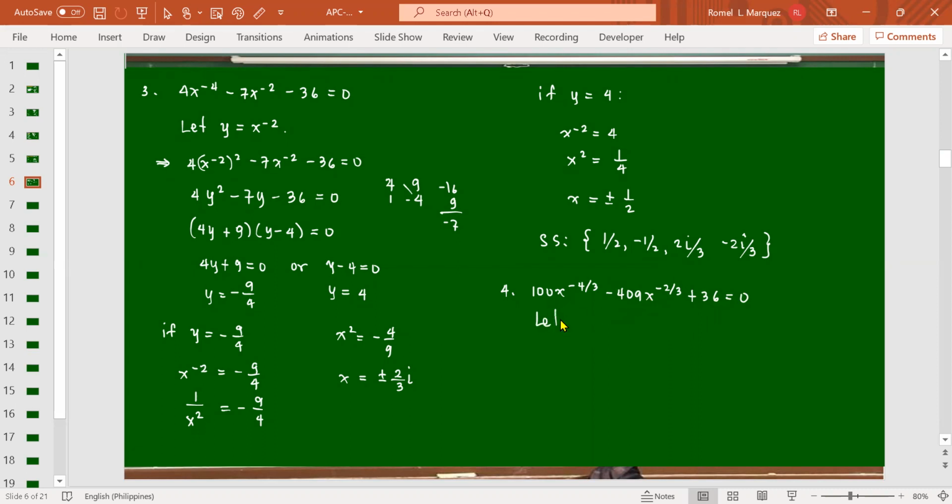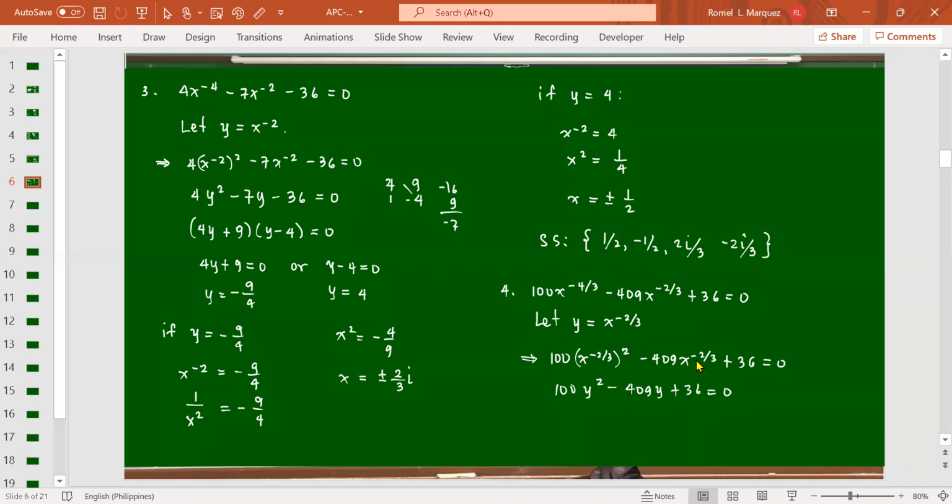So again, this time we let y be x to the negative 2/3. So the given equation can be written as 100 times (x to the negative 2/3) squared minus 409x to the negative 2/3 plus 36 equal to 0. So we can write this in terms of y: 100y squared minus 409y plus 36 is equal to 0.